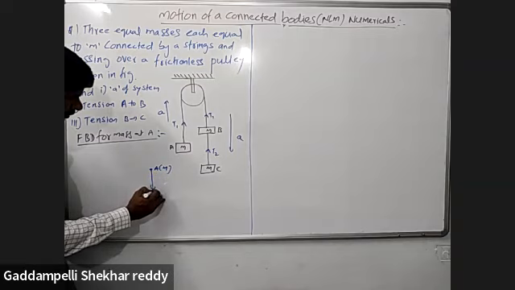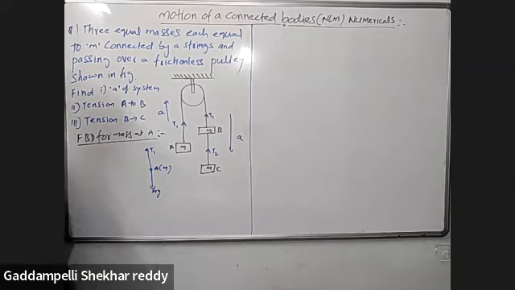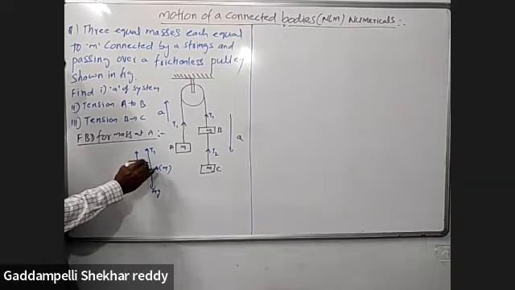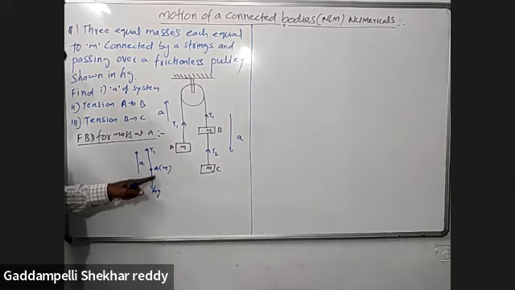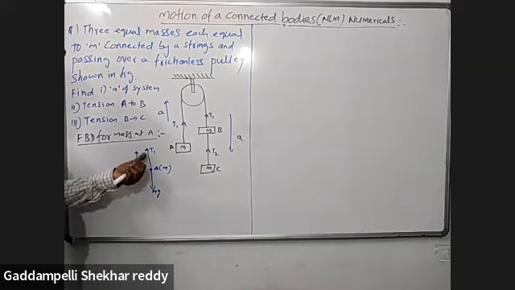The weight of the body acts in the downward direction, that is mg. The tension in the string, T1, acts upward. So the acceleration is also upward, which means the resultant force is also upward. How many forces act on the mass at A? Gravitational force acts vertically downward, and tensional force acts upward.